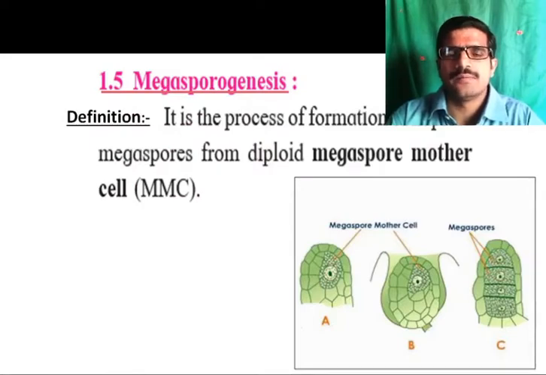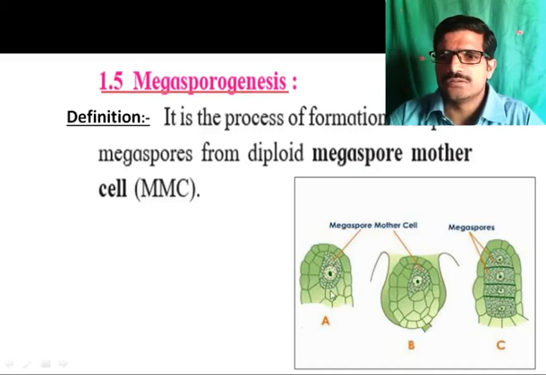Then the next topic is megasporogenesis. Megasporogenesis is the process of formation of haploid megaspores from the diploid megaspore mother cell. In the diagram, this is the megaspore mother cell, which is diploid in nature.